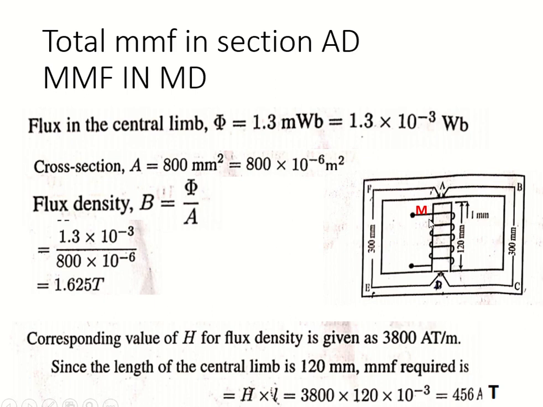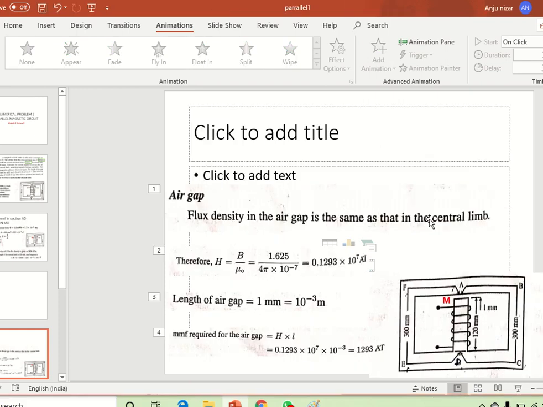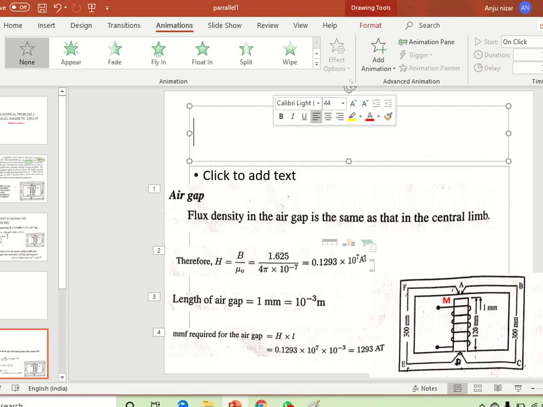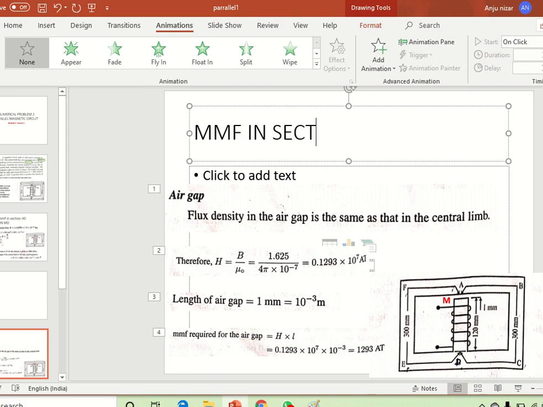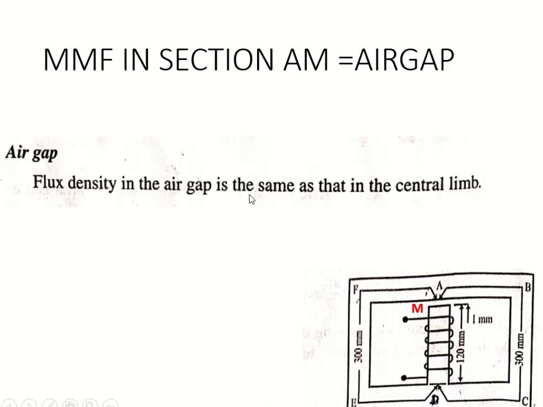Next section, you have to find the MMF in section AM, that is the air gap MMF, which is the air gap part. For that section, we know that the air gap flux density is the same as the central limb flux density.